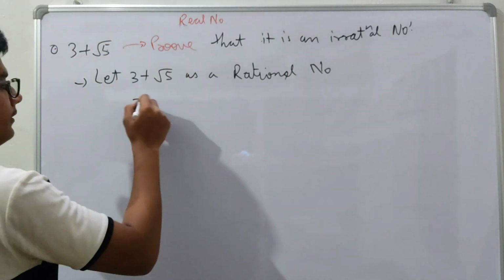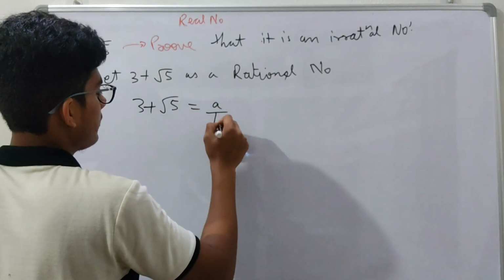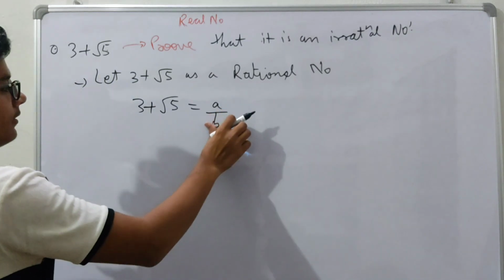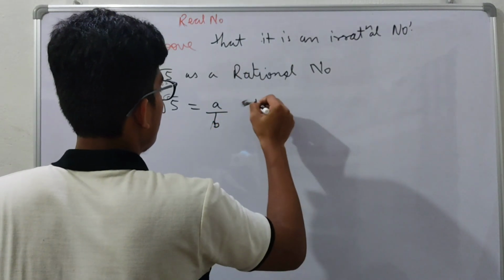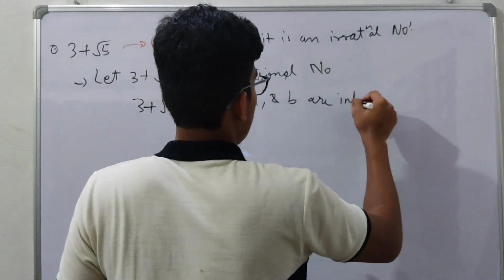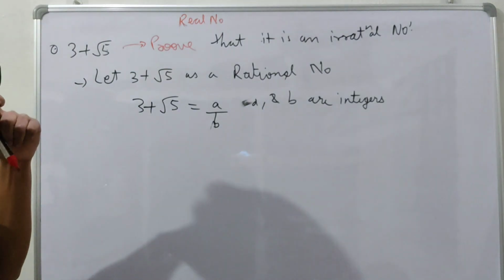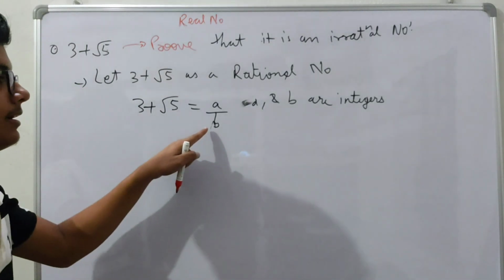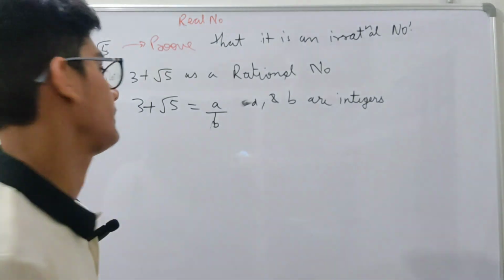So what will happen again? We can write 3 plus root 5 is equal to a by b. Here a and b are integers, because this is the definition of a rational number: if it is a by b, then a and b will always be integers.